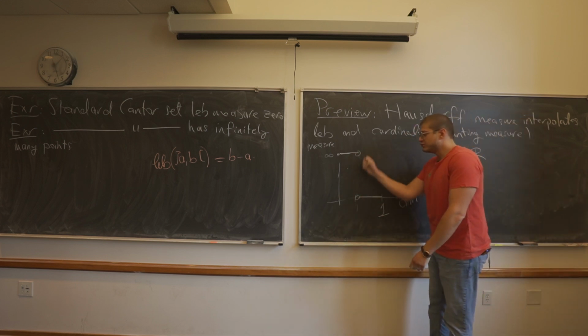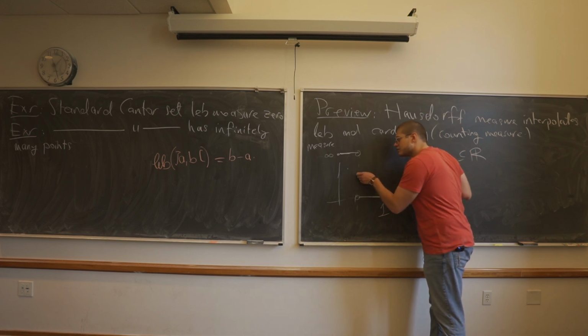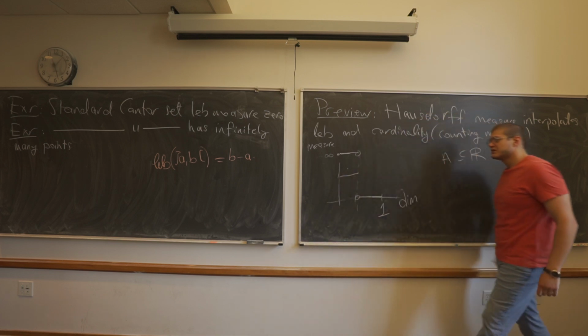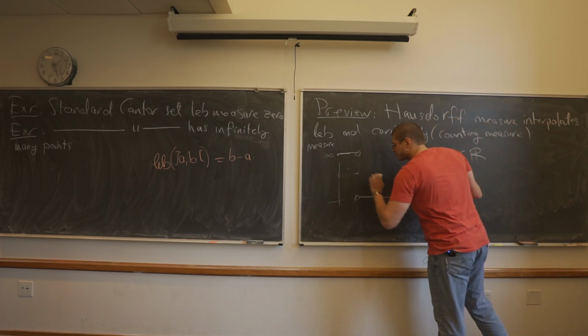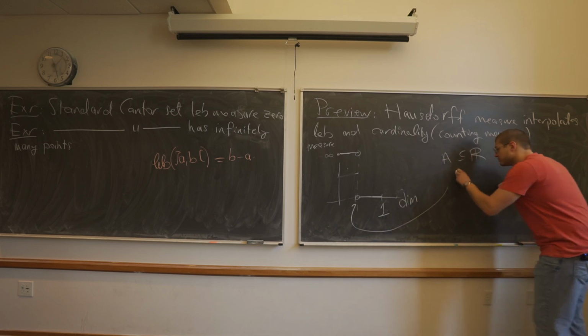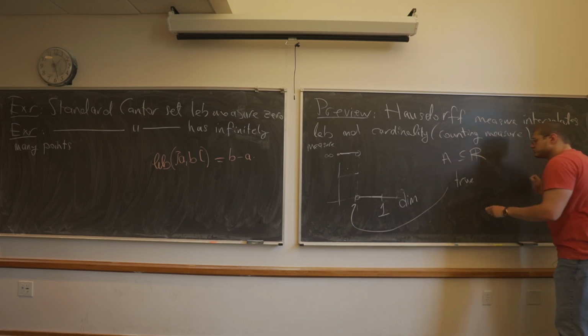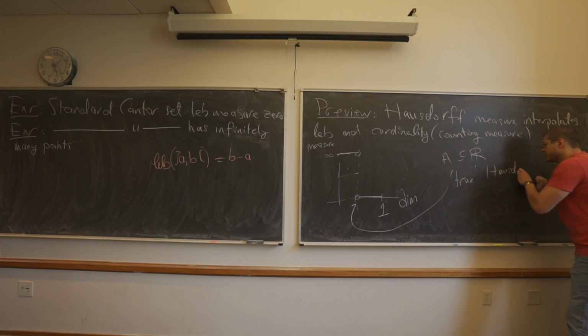And whatever number you get, if you use the appropriate dimension, is going to be the actual Hausdorff measure for the thing. We're going to discuss this more, but for now, let's just say that this is going to be the true Hausdorff dimension.